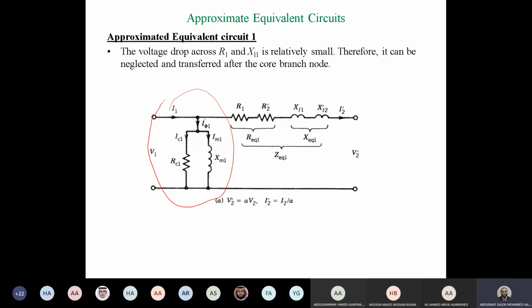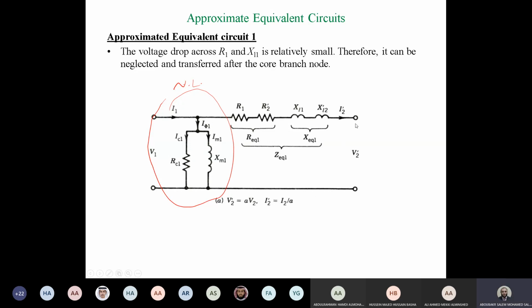the open or no load equivalent circuit. So this is now the no load equivalent circuit. Right. If you make a short circuit on the secondary side here, this means that a high current will move here and a very small current is going to move here, right? Because the impedance here is very high, and we agreed together before that the current here is almost 5% of the overall current.